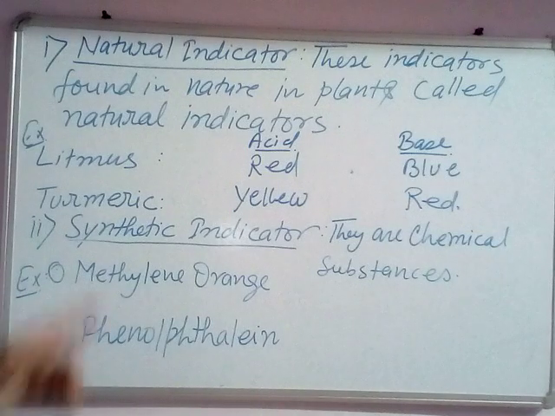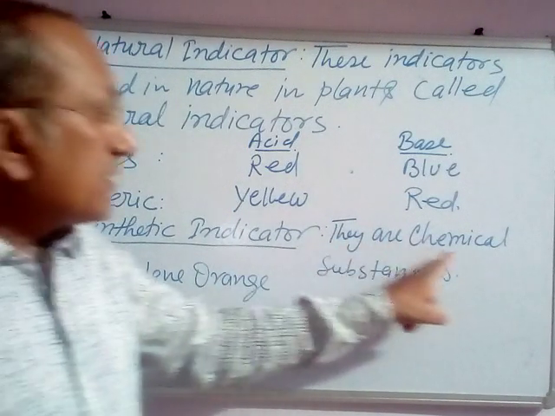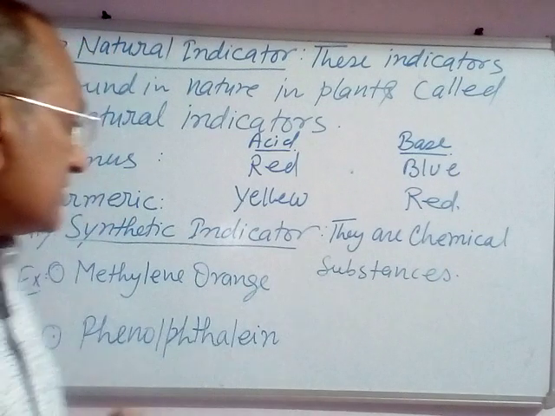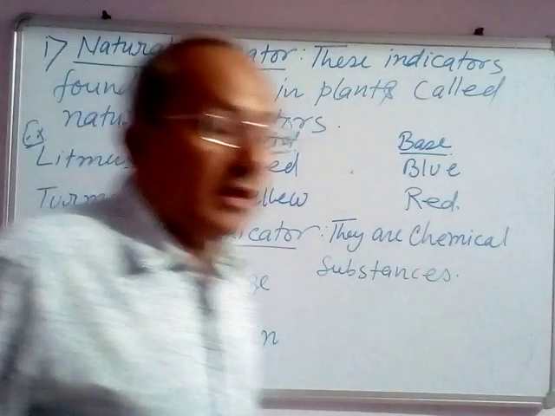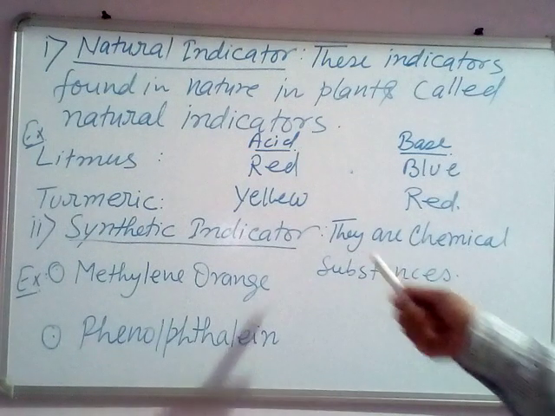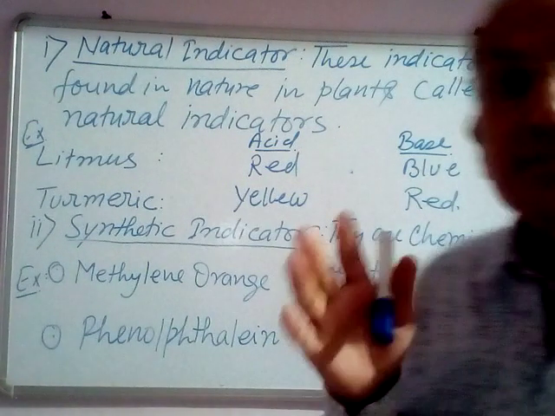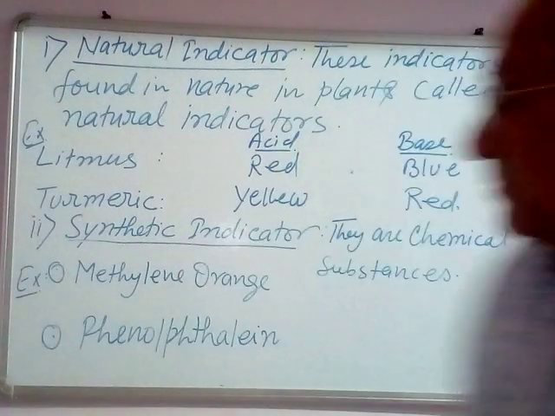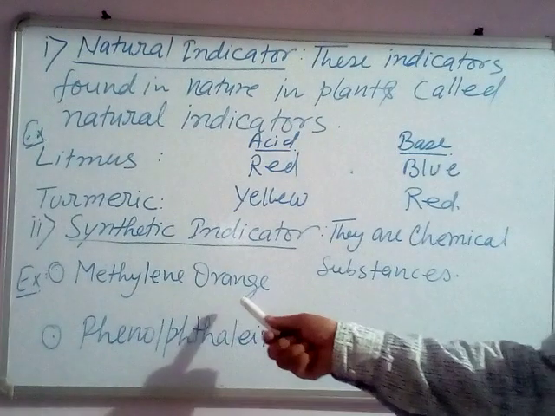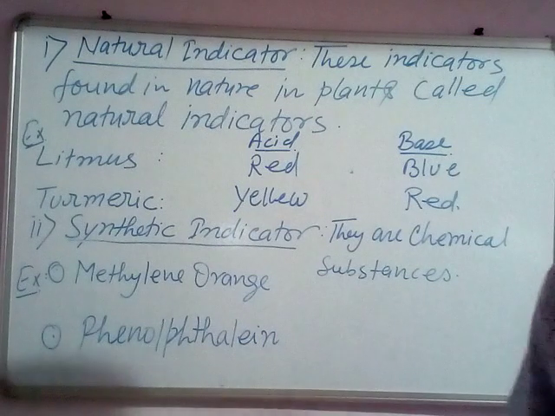So next is synthetic indicator. They are chemical substances, that means they are prepared in the laboratory. For example, methyl orange, it is mentioned here.